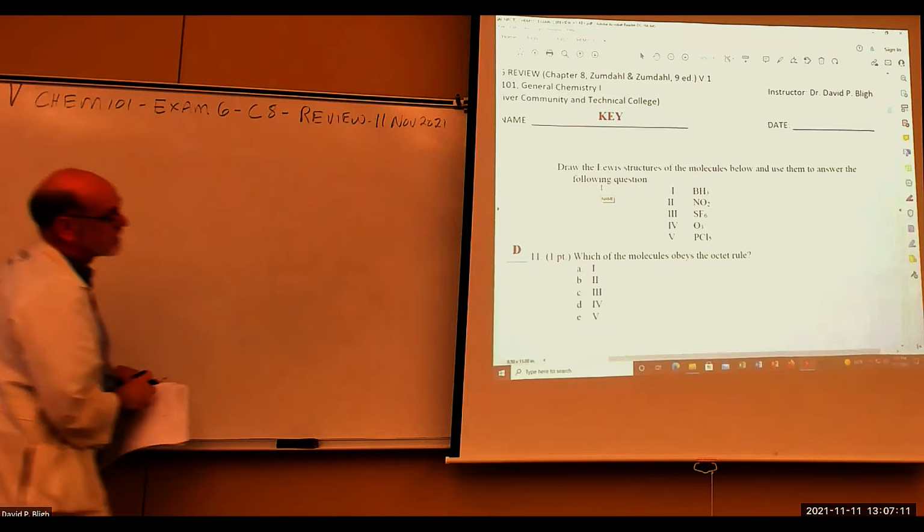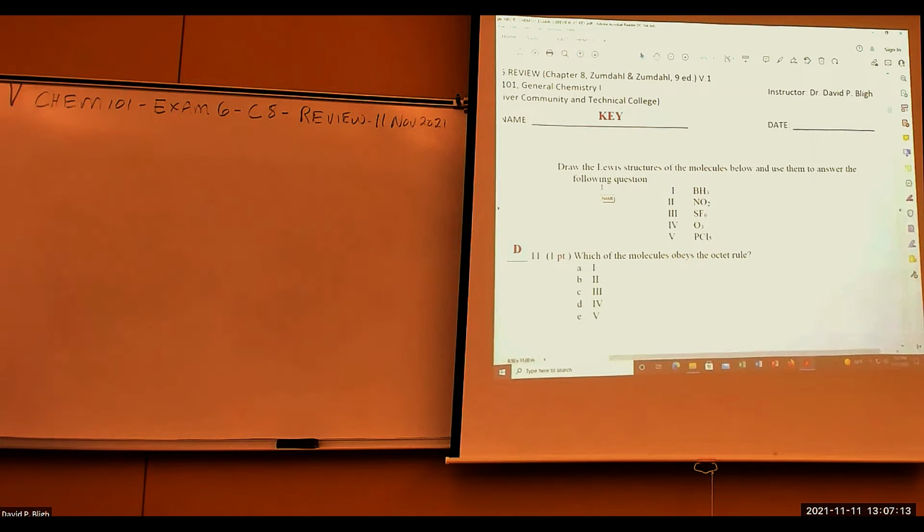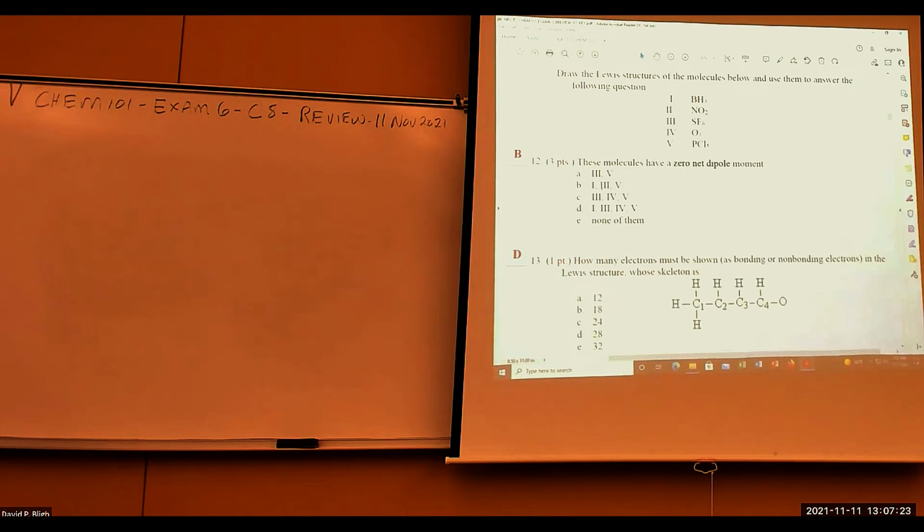That was 11. Let's see. I should have left those up there because 12 uses the same bunch. These molecules have a 0 net dipole moment.